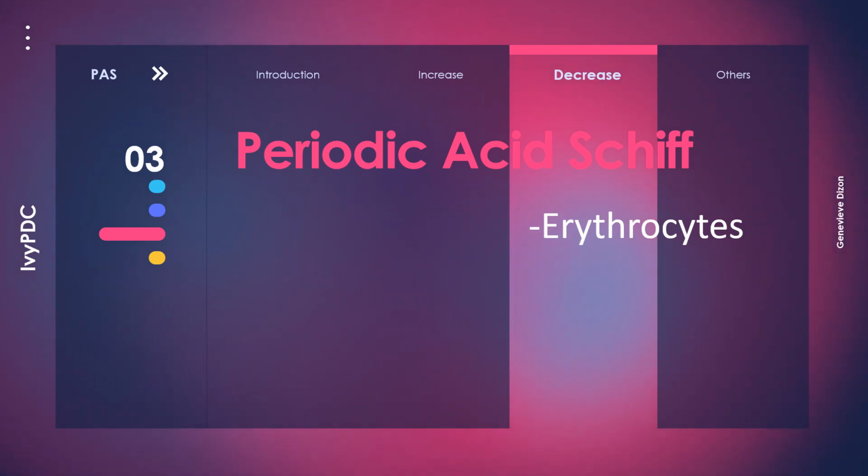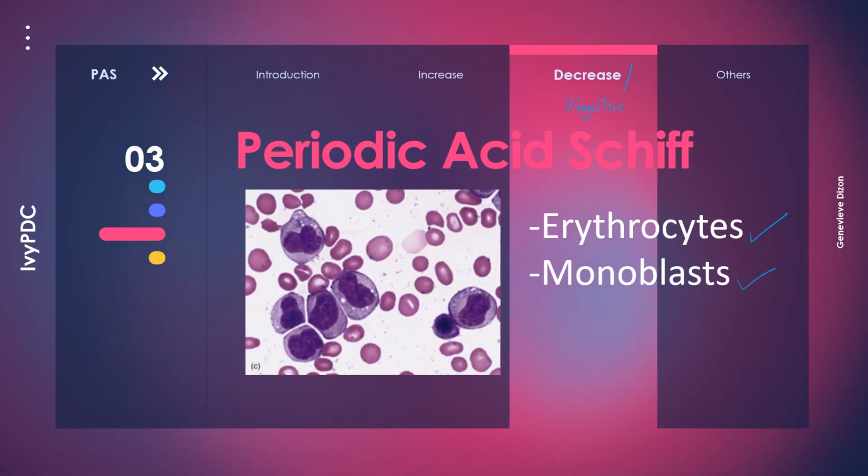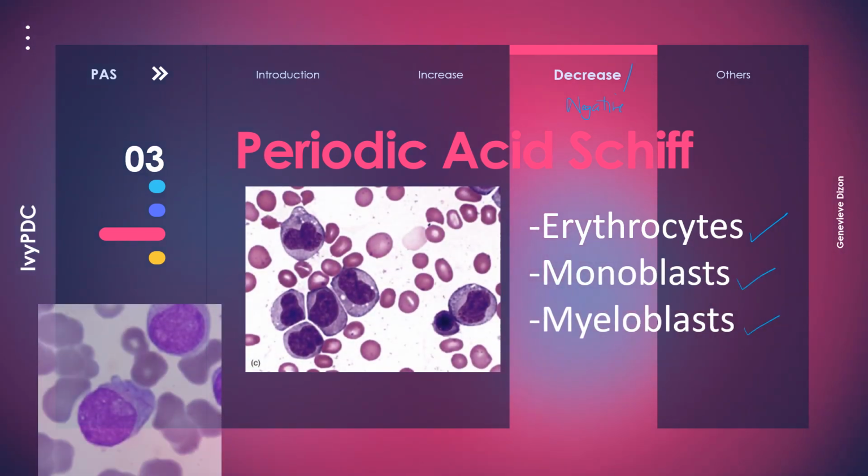To be more specific, the three types of cells that may give a decrease or a negative value for PAS would be the erythrocytes, the monoblasts, and the myeloblasts.